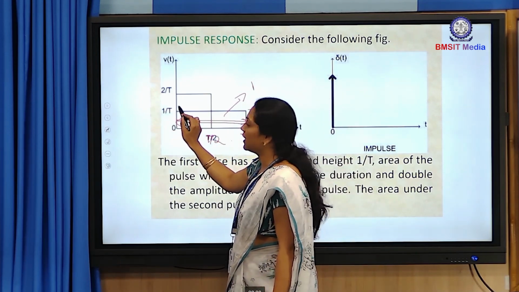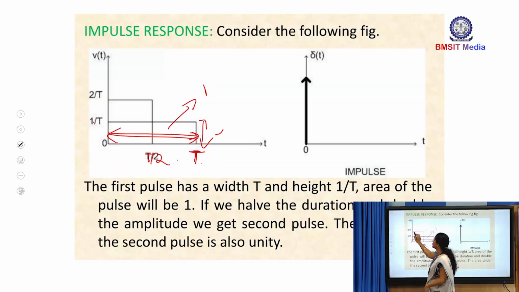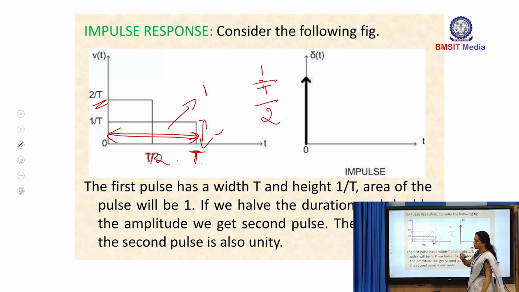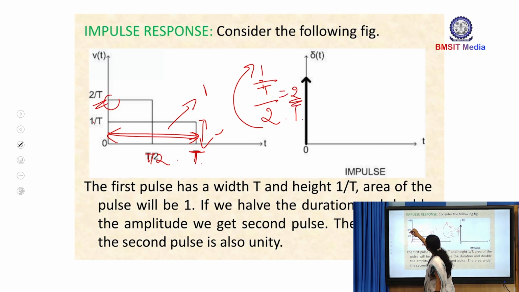Now for the height, if I again half the width, then the 2 goes to the numerator, so the height becomes 2 divided by t.